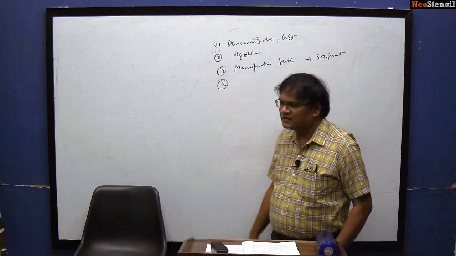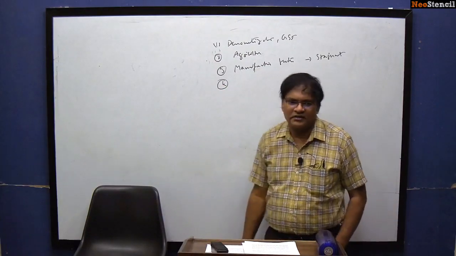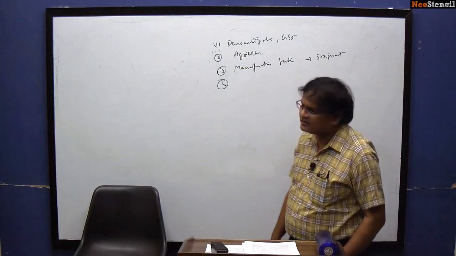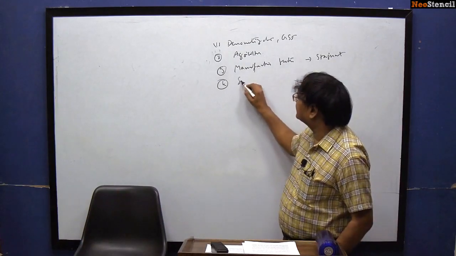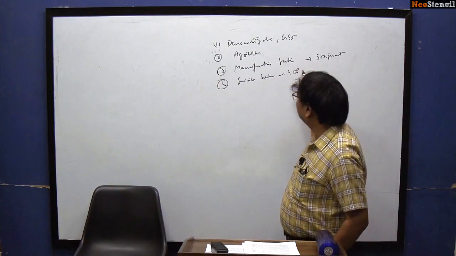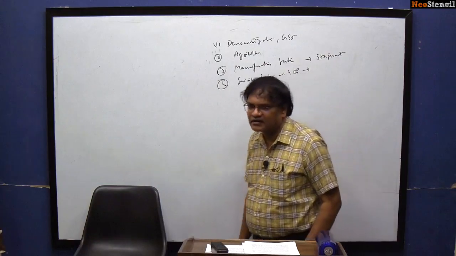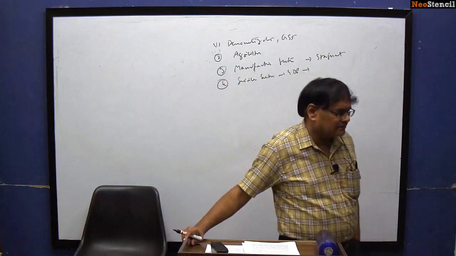Fourth, the rest of the problems are structural problems, long term problems. Next one is the service sector, which contributes maximum to our GDP, and this service sector is not labor intensive. It is mostly capital intensive.